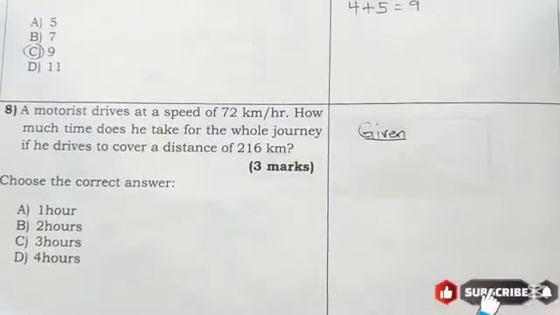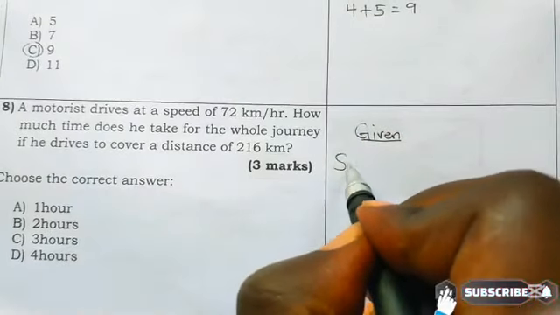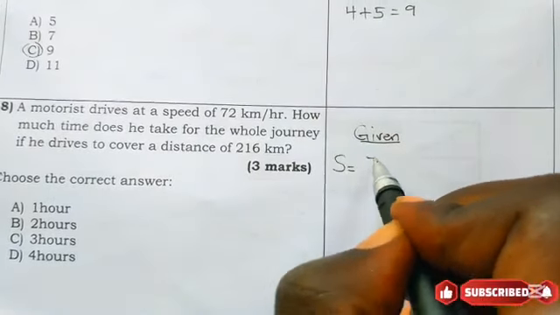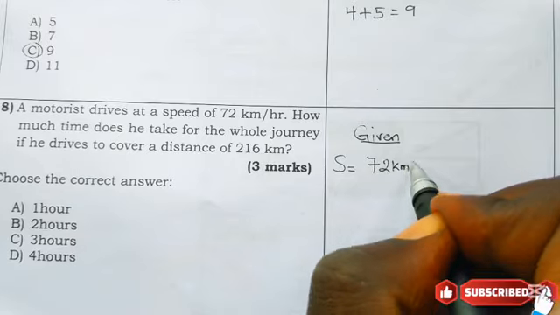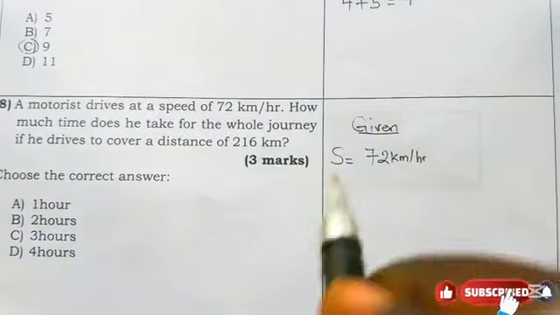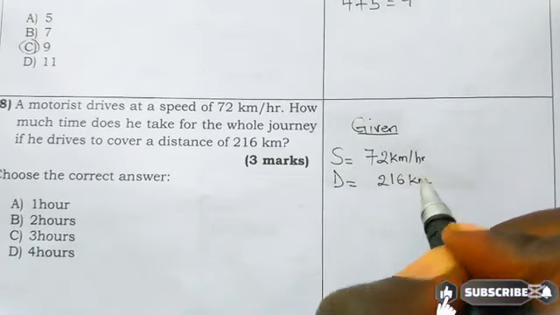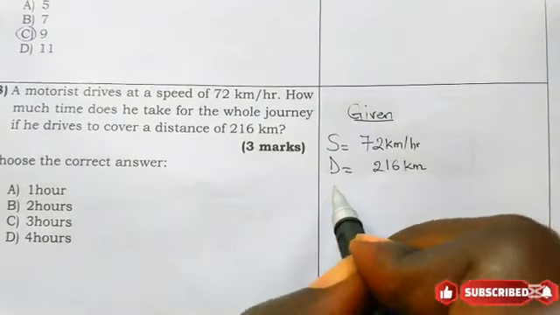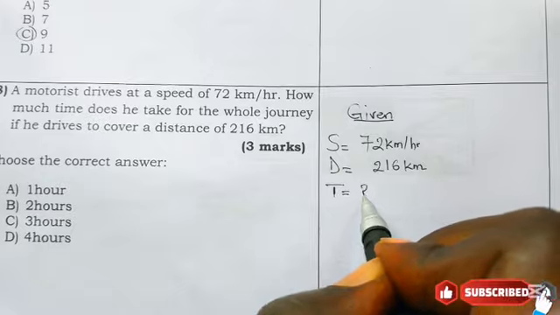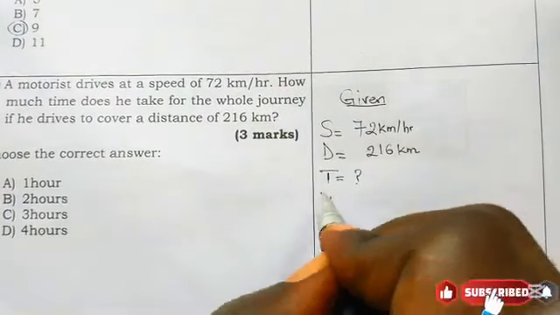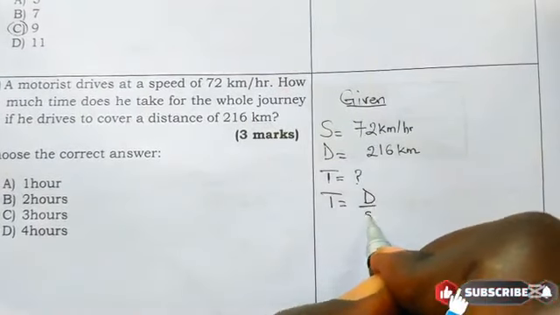Now, given what we have right here, we have speed. We know that our speed is equal to 72 kilometers per hour, and we have distance which equals 216 kilometers. We are supposed to find the time, right? And we know time equals distance over speed.